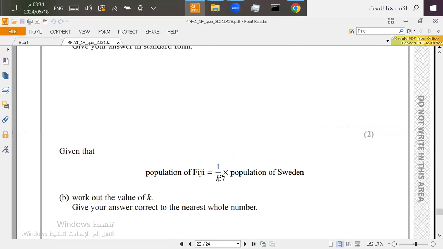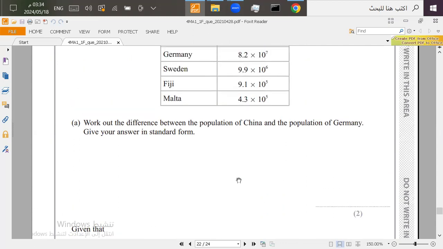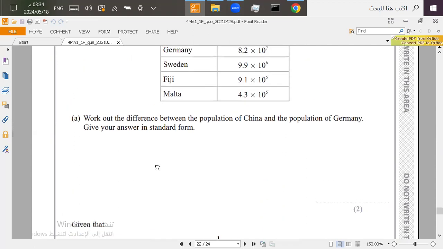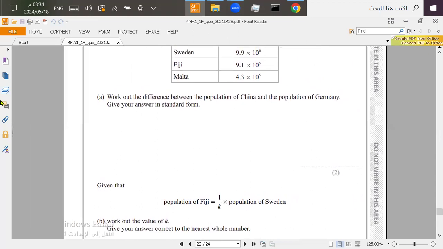Now, first, let's understand the formula. This one means the population of Sweden multiplied by the 1 over K. So let's put it that way, and then we will use Fiji and Sweden here. It means, let's write them with the letters. So Fiji equals the population of Sweden, which is S, over K. Why did I do it that way?